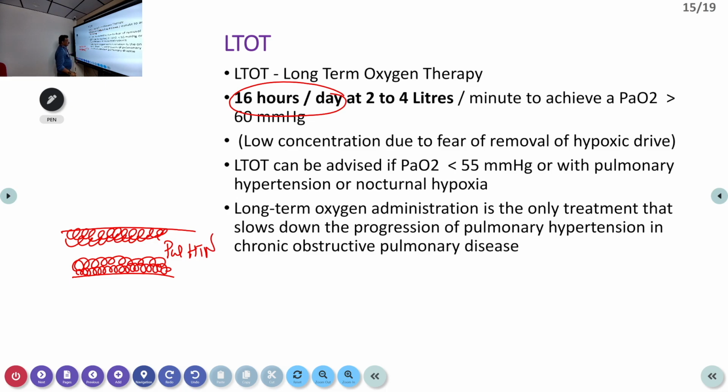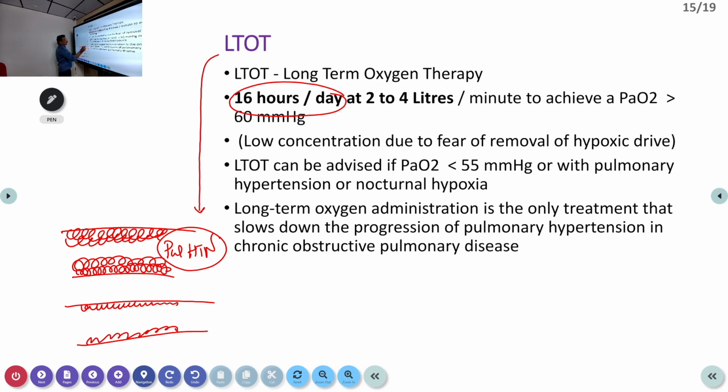That is due to chronic hypoxemia. So if you give oxygen continuously for a long period, whatever inflammation has occurred will be there, but further inflammation will not occur. So it can prevent the progression of pulmonary hypertension in patients with chronic lung disease. So LTOT is very useful to prevent the inflammation.